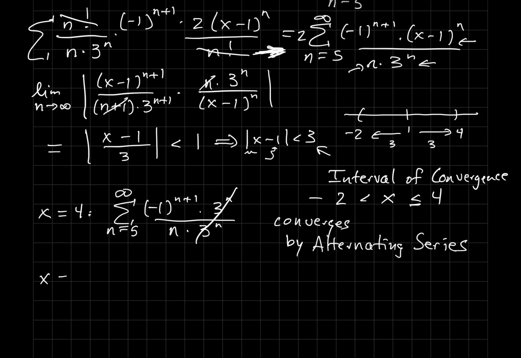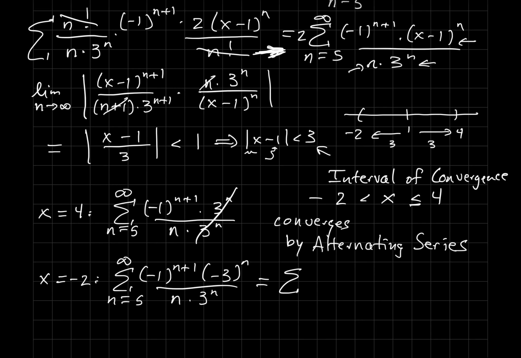Now let's look at x equals negative 2. Once again, I have my series, my sum from 5 to infinity of negative 1 to the n plus 1, ignoring the 2 out front. And if I plug in negative 2, I get negative 3 to the n over n times 3 to the n.